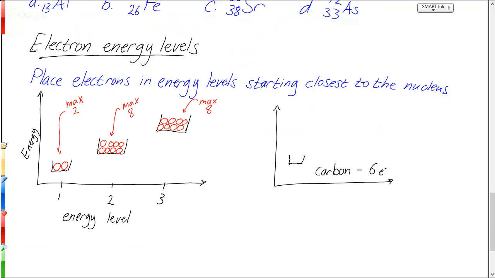We're going to set up our buckets, 2, 8, and 8. And we're going to put those 6 electrons in the buckets, starting from lowest to highest. So we go 1, 2, 3, 4, 5, 6. And that's all of our electrons. So we would say that carbon has 2 electrons in the first energy level and 4 electrons in the second energy level.